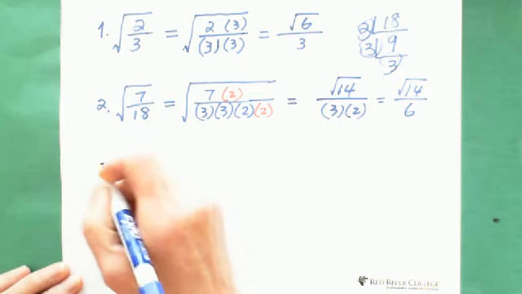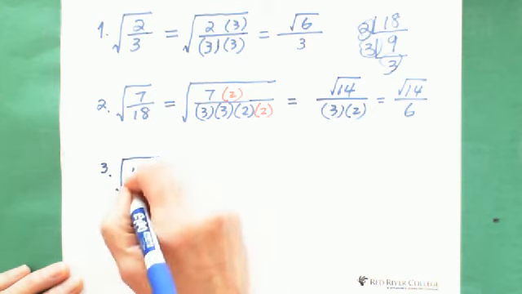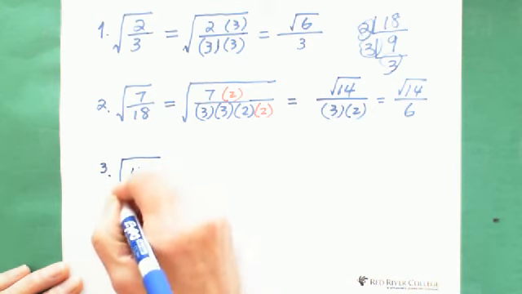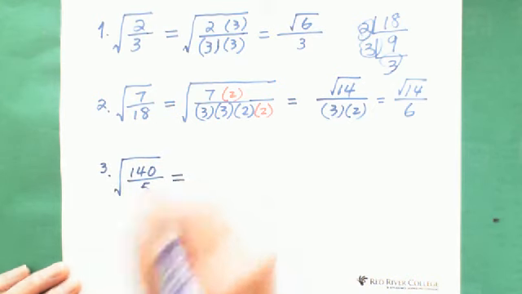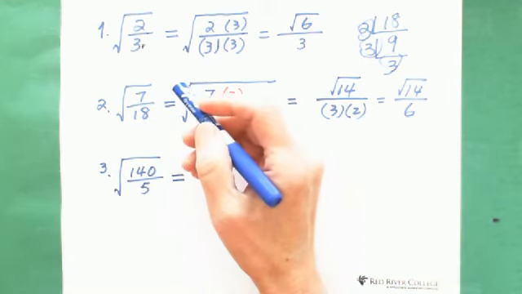Question 3, we have the square root of 140 over 5. In the previous questions, we made pairs at the bottom.